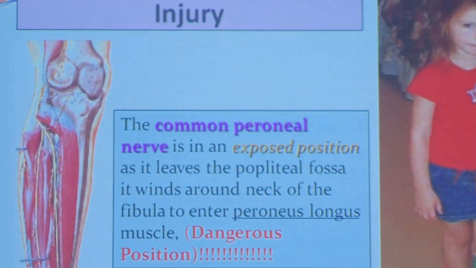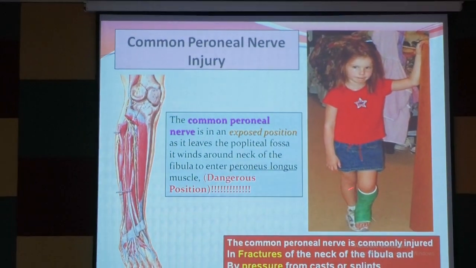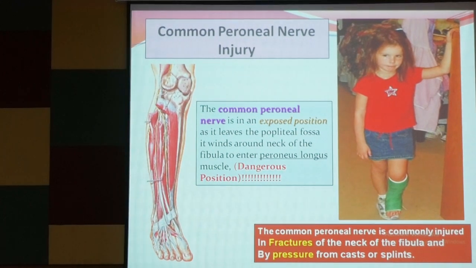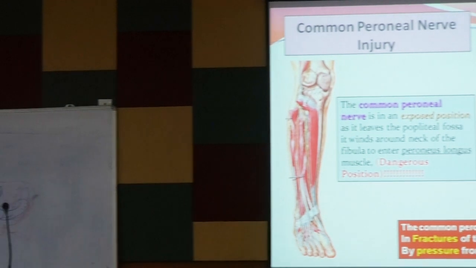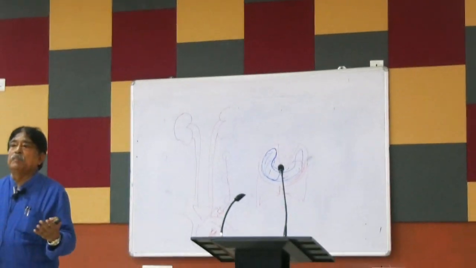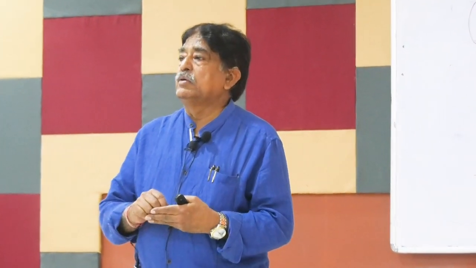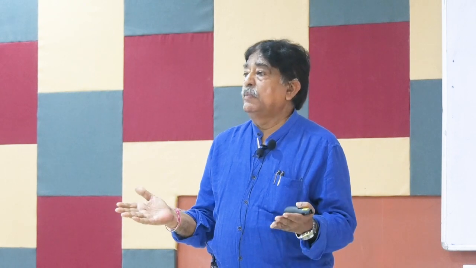Now, a little girl you see here. Here is a cast. Now, suddenly there is a fracture. You're attending a health center, you're a medical officer in a health center. Then a boy comes, the mother brings him. Now immediately, you cannot access x-rays or radiology. So you put a cast. If you don't get a cast, at least thick cardboard.